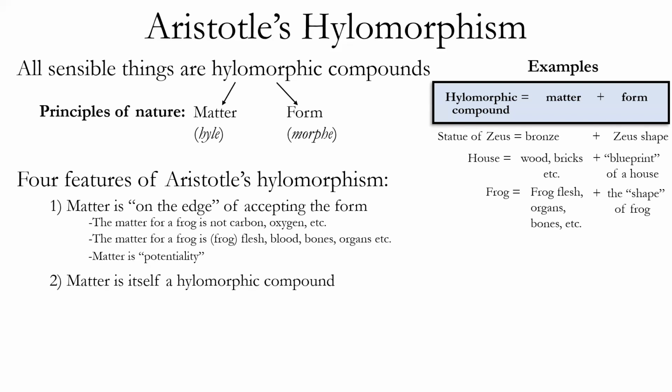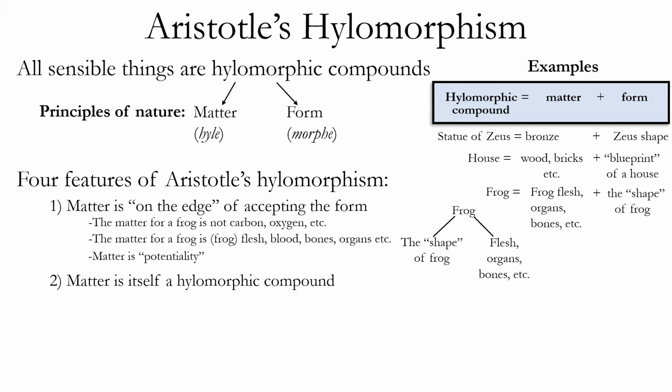Now, a related point: according to Aristotle, matter is itself a hylomorphic compound. How does this work? Let's take something like a frog. We have just identified a frog as a hylomorphic compound.